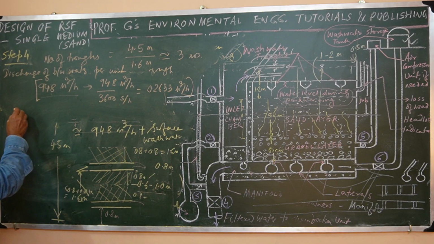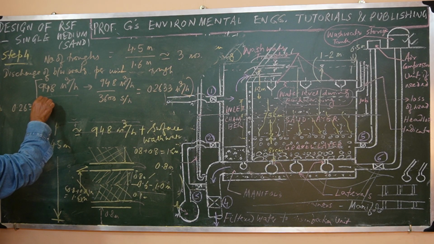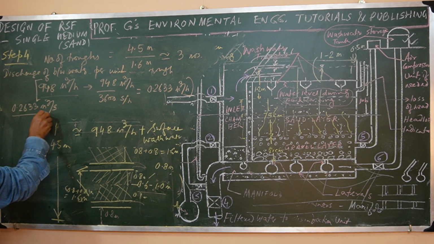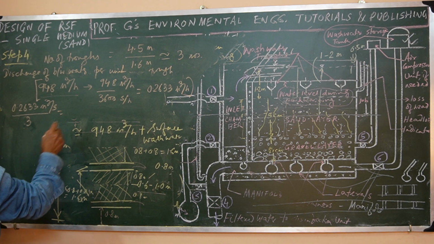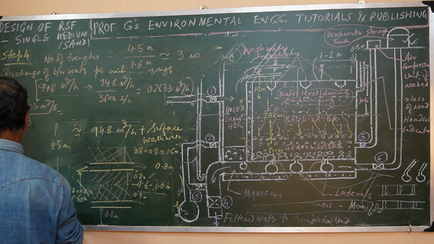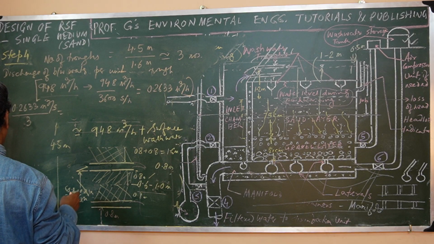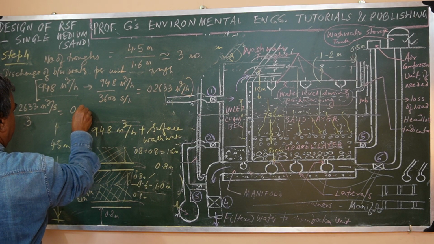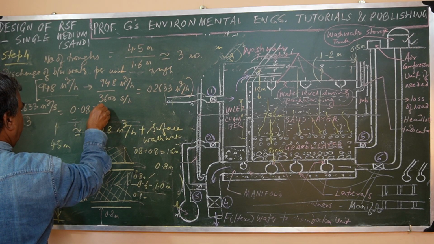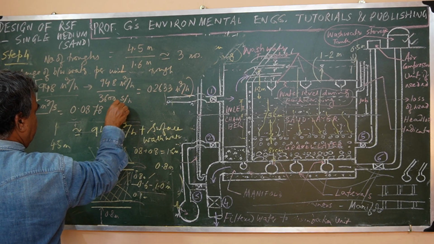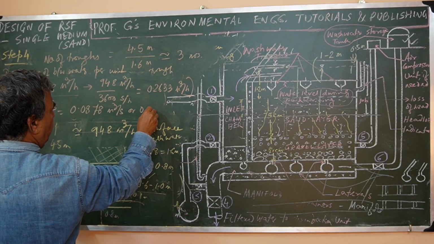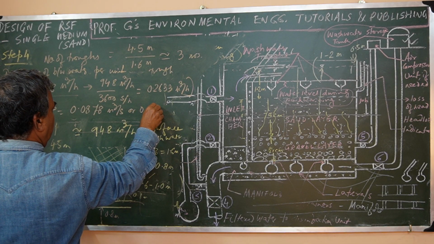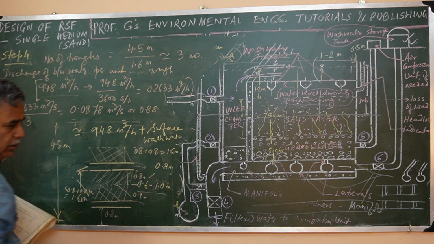So this will be 0.2633 meter cube per second divided by 3 number of drops. So per drop, the discharge or collection per unit drop will be 0.0878 meter cube per second, or you can say very close to 0.88 or so, right?